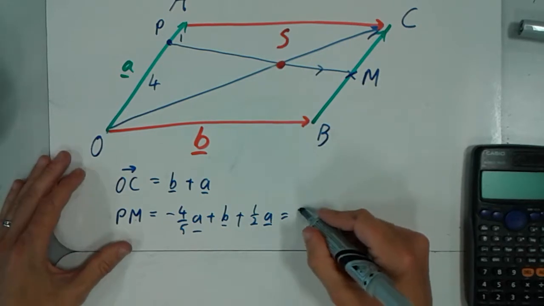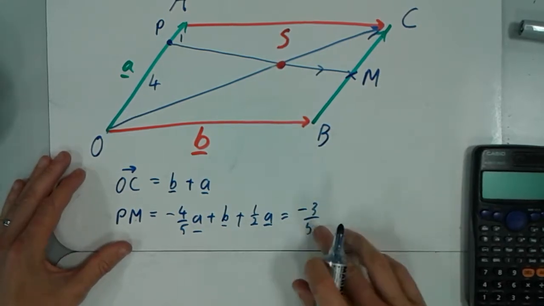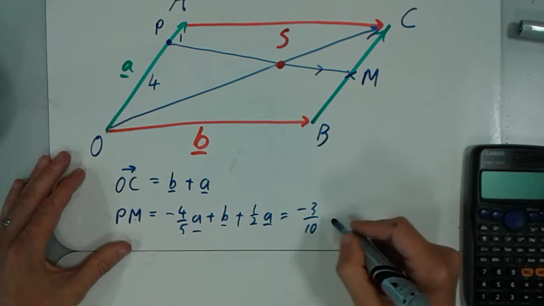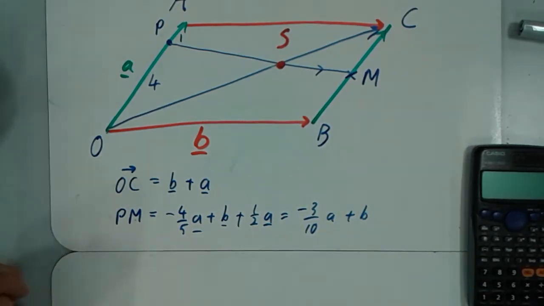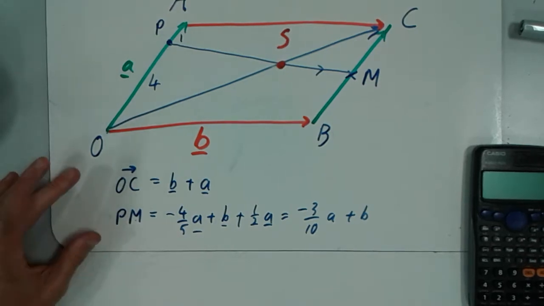We tidied that up to give us minus 3/10 of A plus B. Okay, so that's what we know so far.